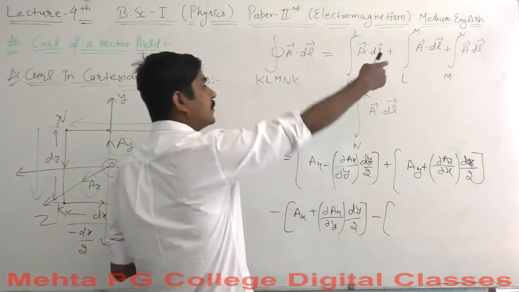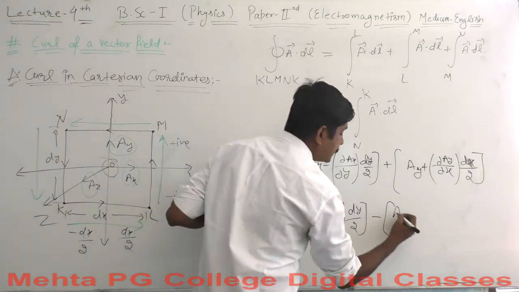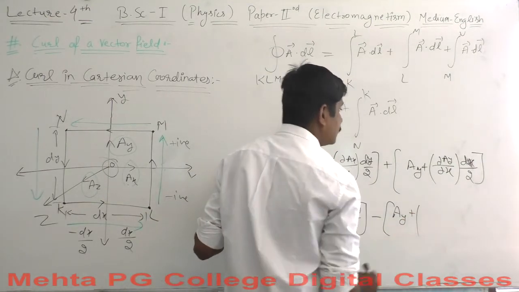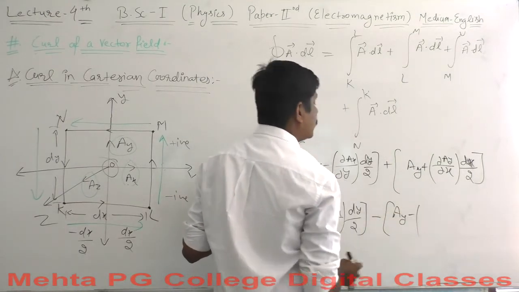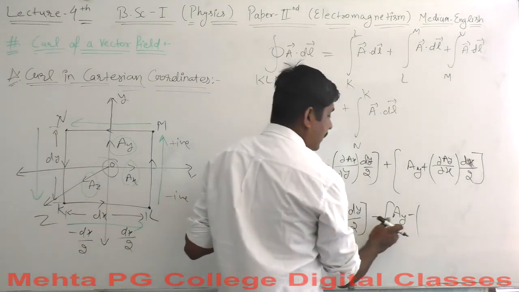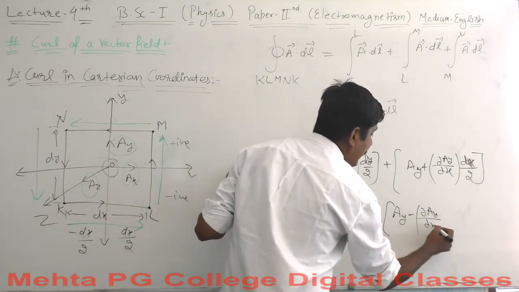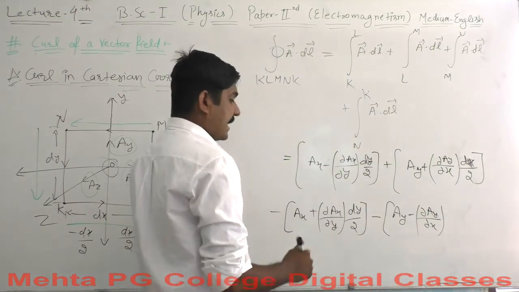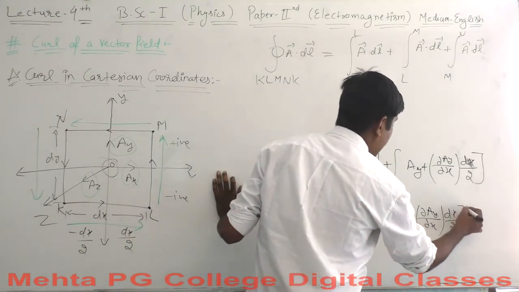Again negative for N to K, the component was Ay, sorry, it is negative here: Ay minus curly Ay over curly x, and the distance was dx by 2 negative.